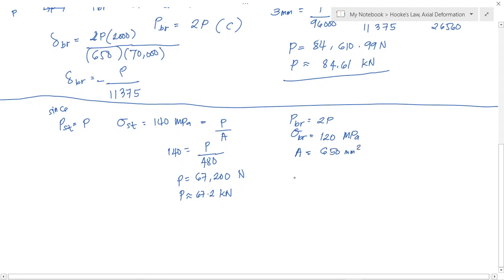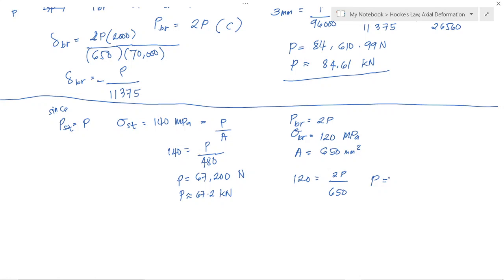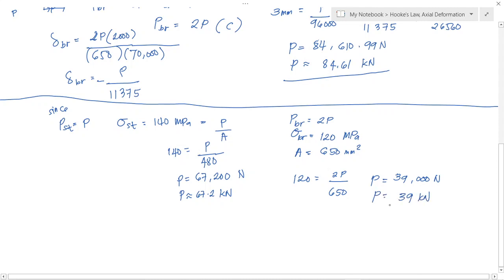So, we have 120 is equal to 2P divided by 650. From here, P is equivalent to 120 times 650 divided by 2. That is equivalent to 39,000 Newton, or P is simply 39 kilonewton. Okay, so we have P here, we have P here, and then i-compare natin at the end.